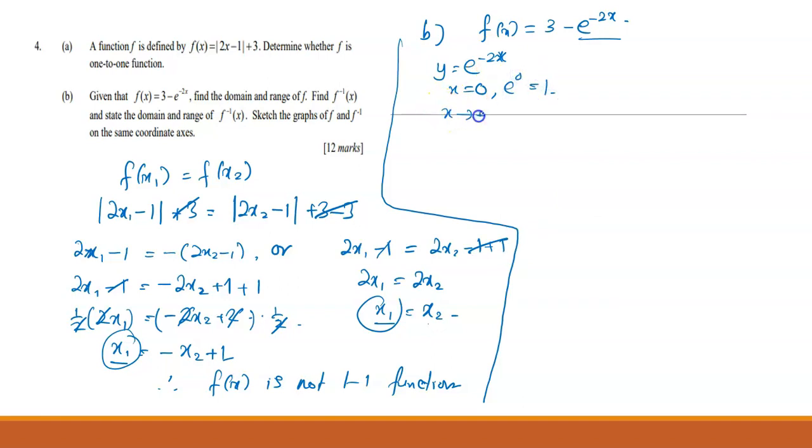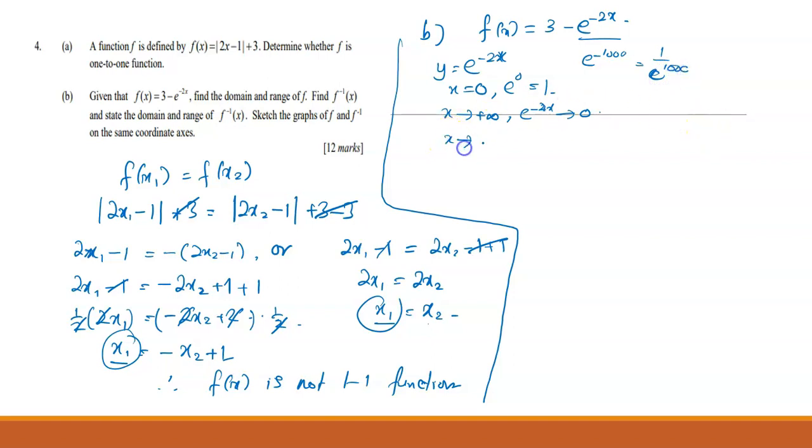When x approaching to positive infinity, when x is getting bigger and bigger, multiply with negative 2, then become negative. So e power of negative big numbers, e power of negative 10, or might be 100, or might be 1000, and this one, e power of negative 2x approaching to 0, okay? Because this is 1 over e power of 1000, okay?